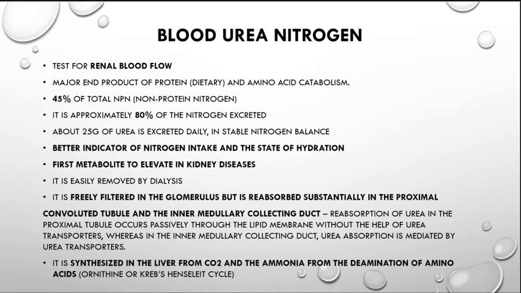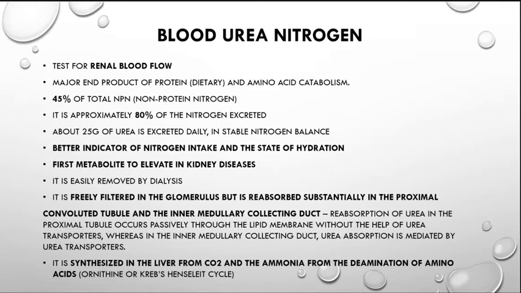BUN is easily removed by dialysis. Please do take note that blood urea nitrogen, your BUN, is freely filtered in the glomerulus but is reabsorbed. It is synthesized in the liver from carbon dioxide and the ammonia from the deamination of amino acids.